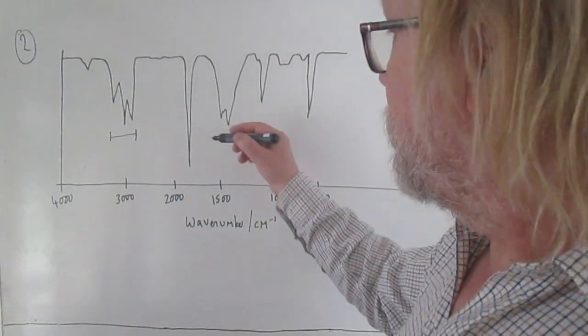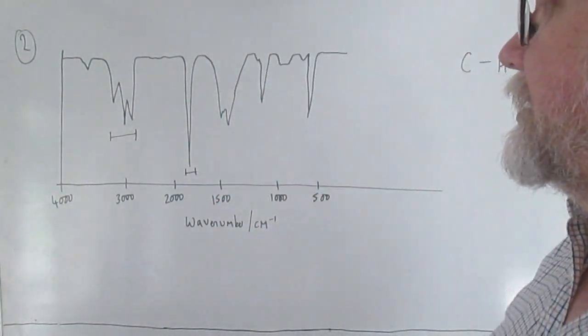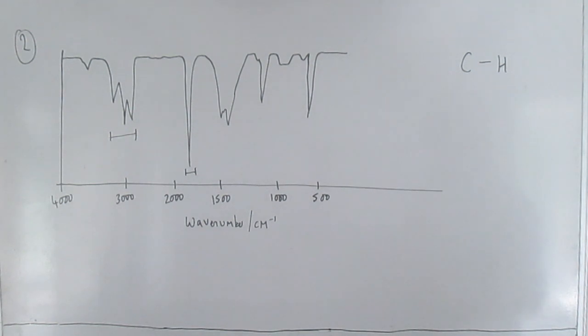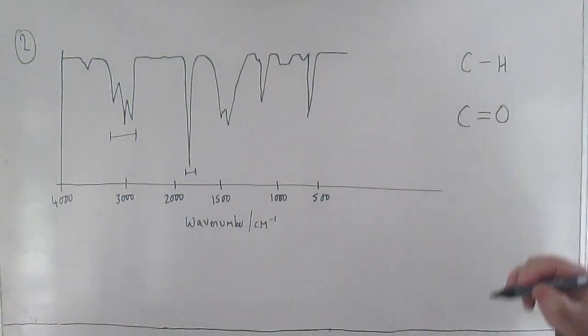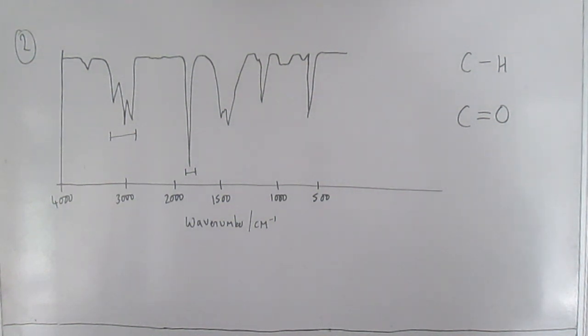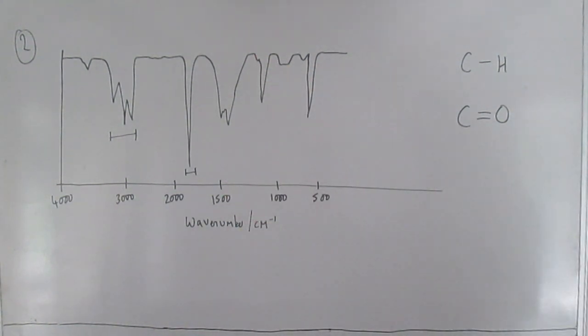Similarly, they noticed that that very strong peak there, around 1700 wave numbers, occurs whenever you have a carbonyl group, C double bond O, in a compound. And again, they worked out that what's happening when you absorb at that particular wave number is you're making that C double bond O stretch.